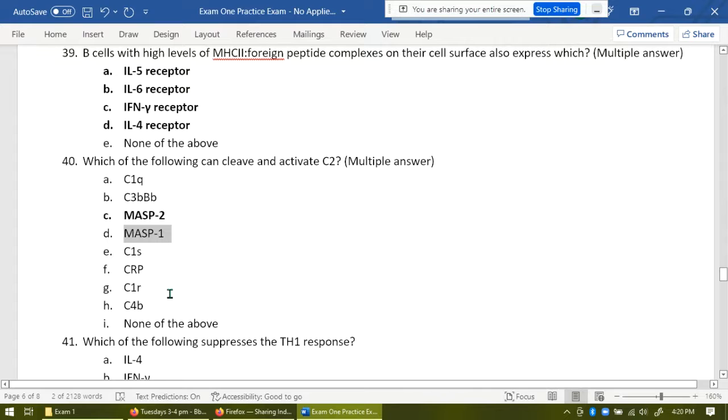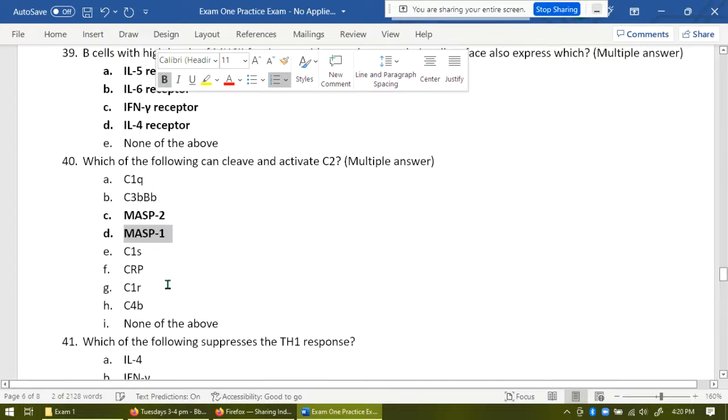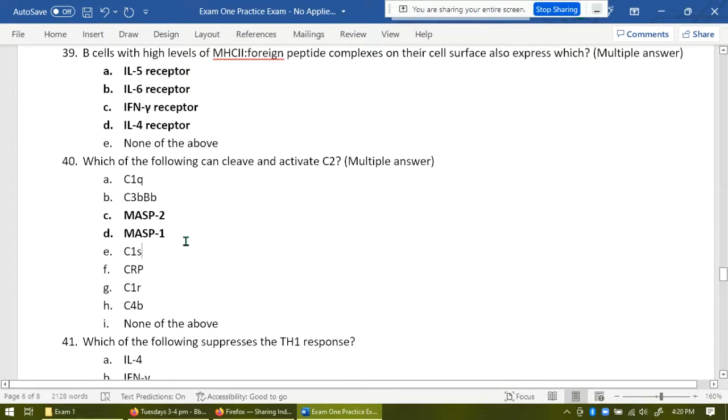MASP1, that one doesn't, or actually it does cleave C2. It cleaves about 40% of the C2. And that's actually something I forgot to mention, I think, when we went over complement. Sanders talked about it last year, but MASP1 is a promiscuous protease, right?